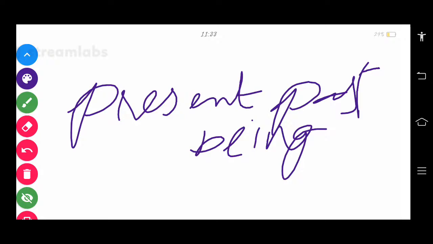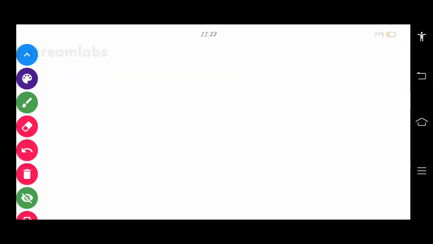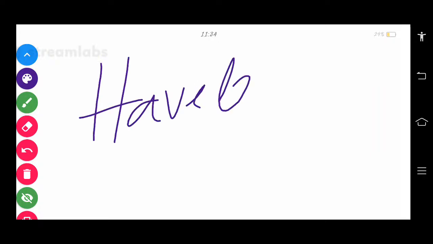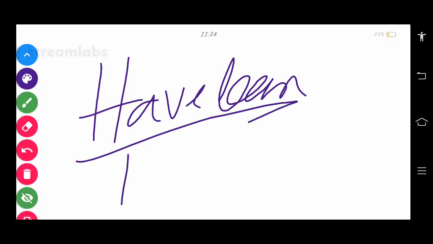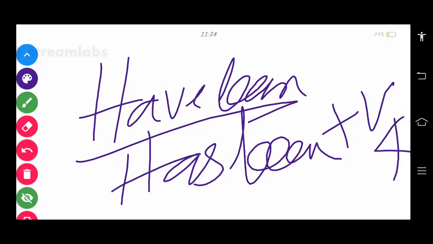It may or may not continue in the future. Such an action has to be considered a present past being action. So in this case, what do we have to use as the verb? We have to use either have been or has been plus the fourth form of the verb.